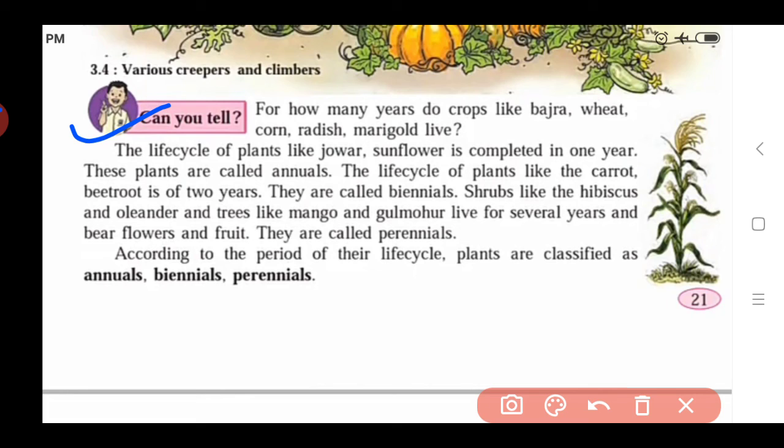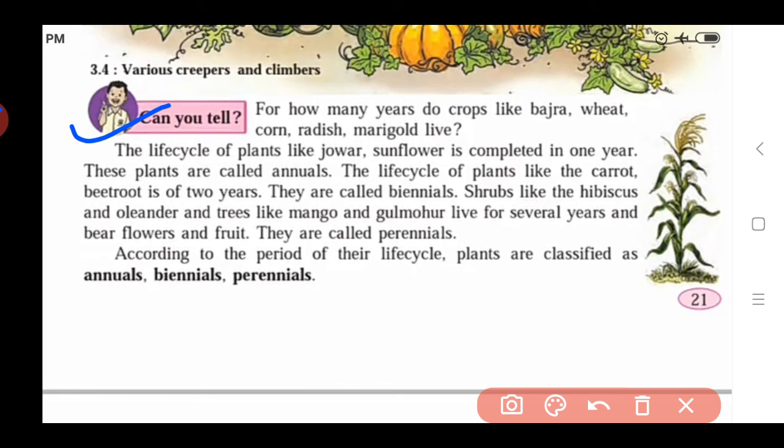So after 1 year we can get this type of foodstuff, that is jawar, sunflower. Not every month can we collect such grains. We can collect such grains after 1 year. That is, some plants have a life cycle of 1 year, or the life cycle is completed within 1 year.